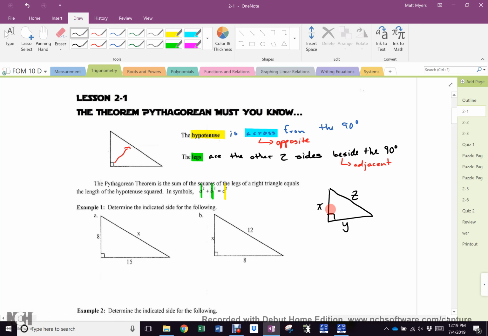Because where are the legs here? Which are the legs? X, Y, or Z? X and Y. And what's the hypotenuse? Z. Excellent.